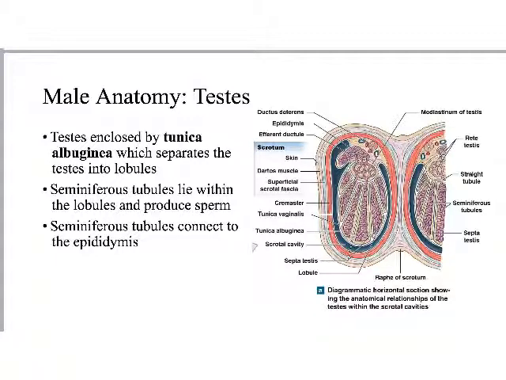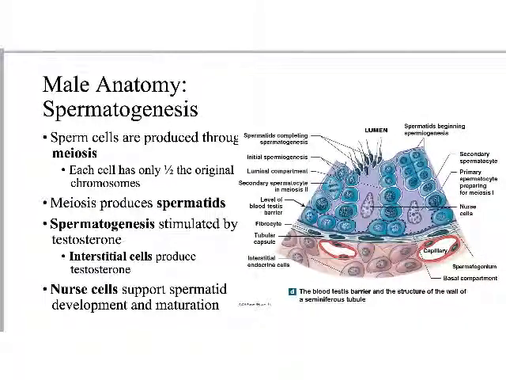Beneath that is another layer of connective tissue called the tunica albuginea, which separates the testes into the lobules that we were looking at, those separate sections. The seminiferous tubules lie within those lobules and are producing the sperm. And then the seminiferous tubules connect to the epididymis, as we mentioned previously.